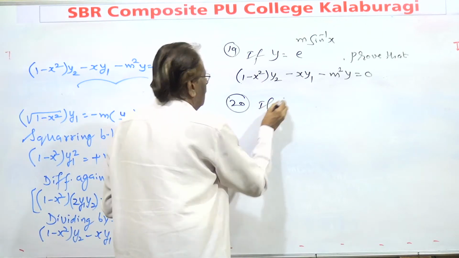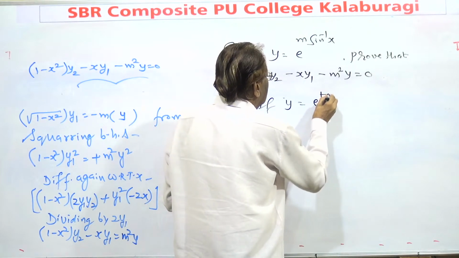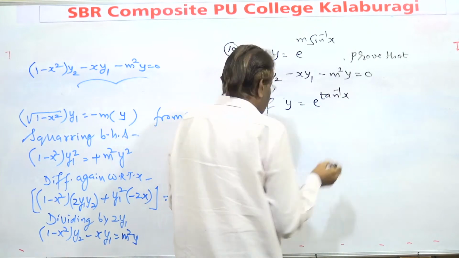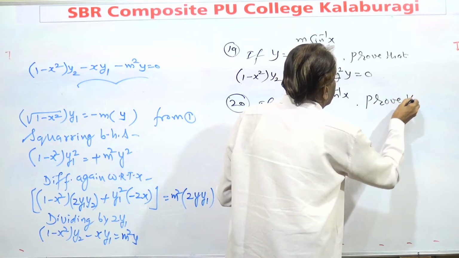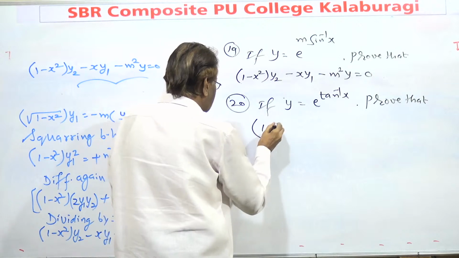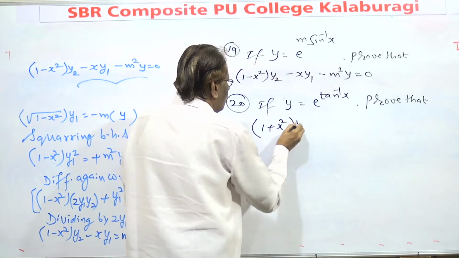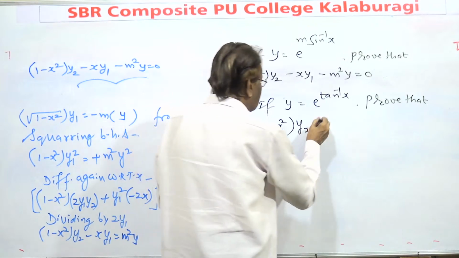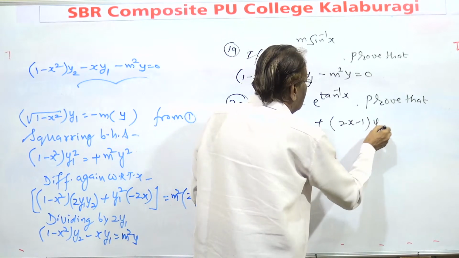If y equal to e to the power tan inverse x, prove that 1 plus x squared into y2 plus 2x minus 1 into y1 equal to 0.